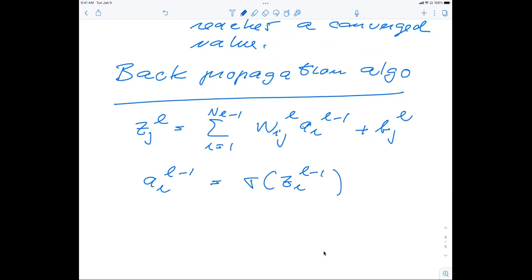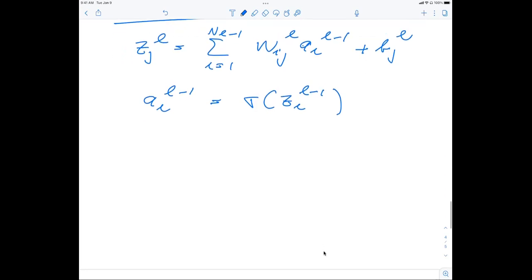Now, if you look at these equations here, what we are going to do is simply set up a repeated usage of the chain rule, nothing more than that. And that means that we need partial derivatives. So let's look at the mathematical ingredients which we need.